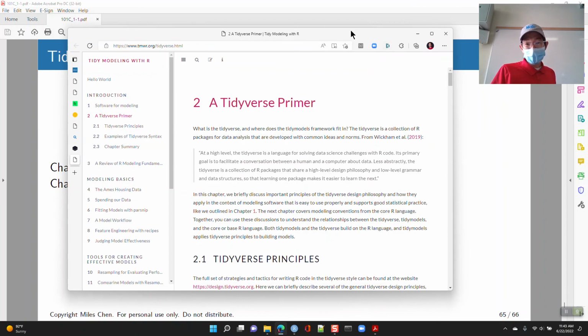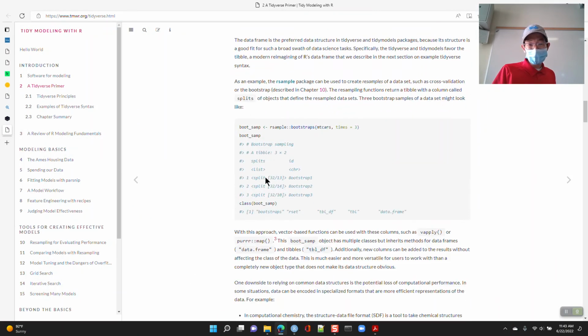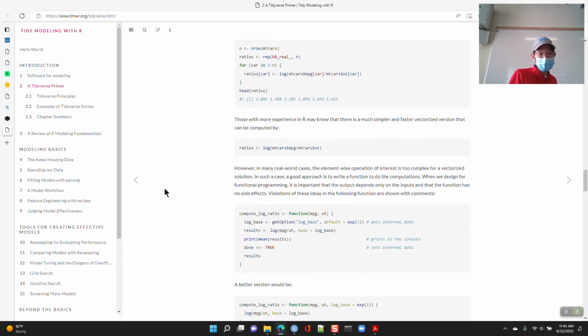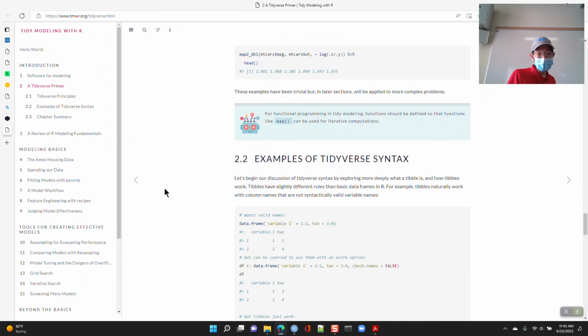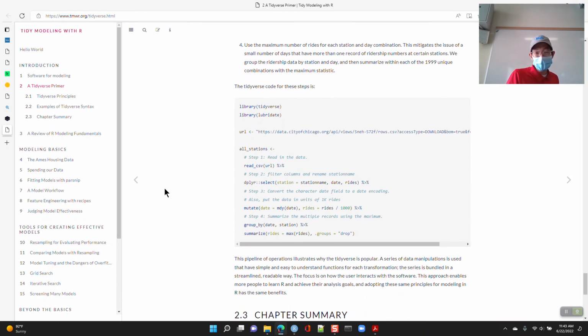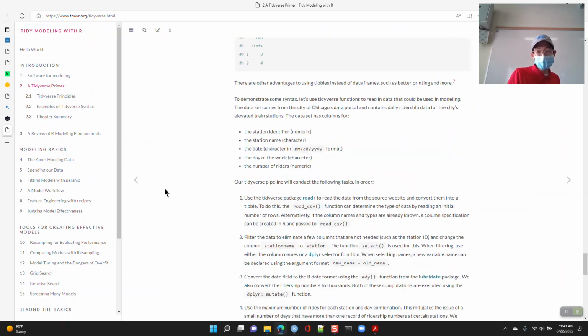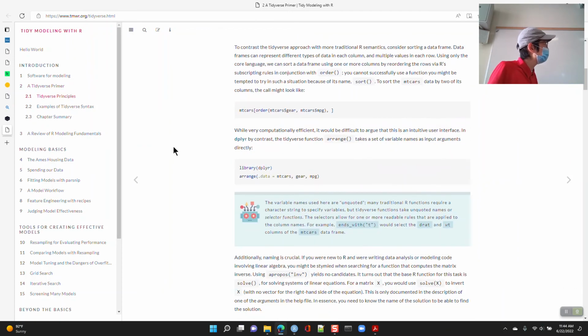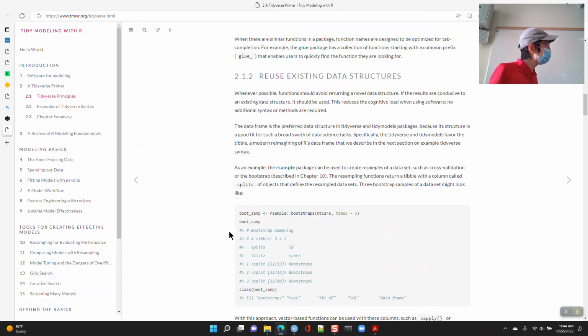Okay, so what I want you to do is work through Chapter 2 and Chapter 3 of Tidy Modeling with R. You're going to read through it, and some of this you might not be familiar with. When you read this textbook, especially Tidy Modeling with R, you're going to see code chunks.